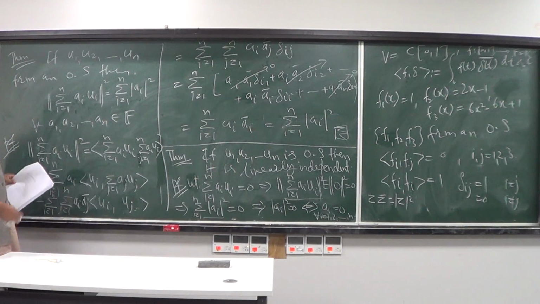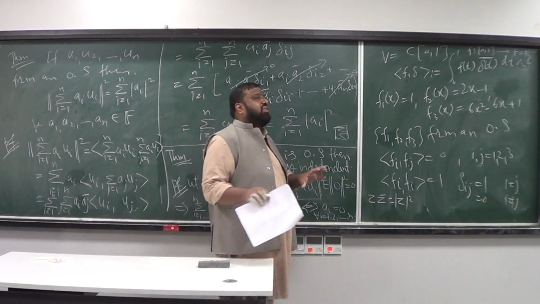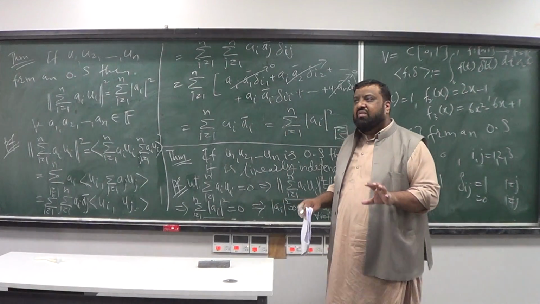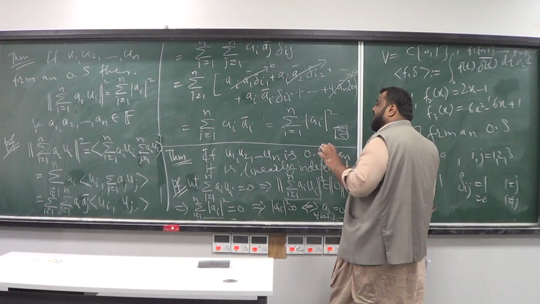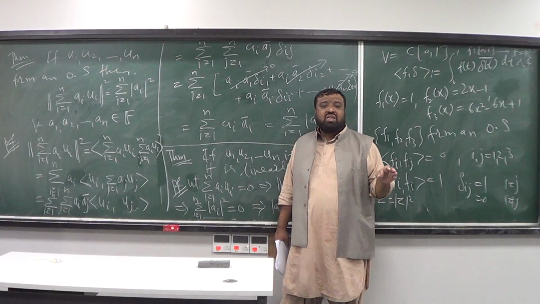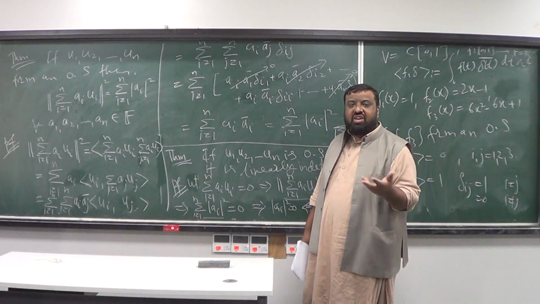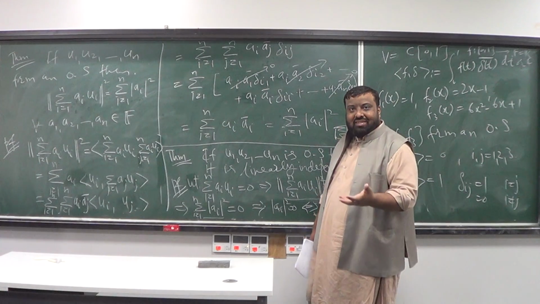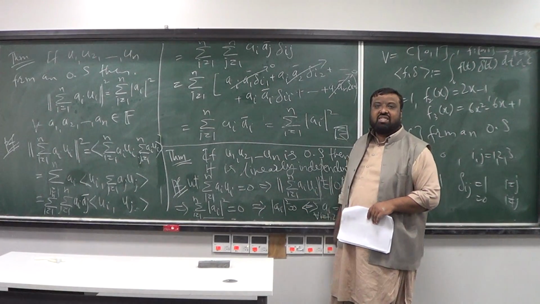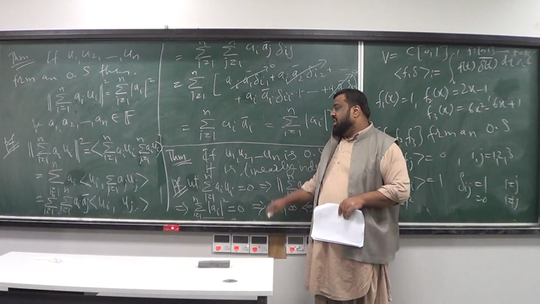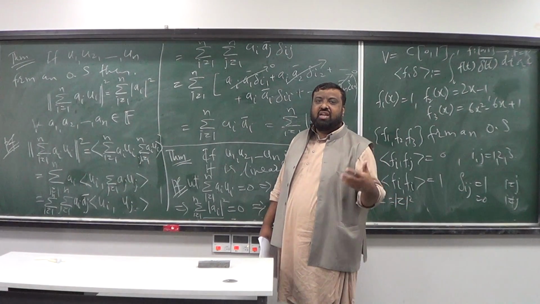Now imagine you have an n-dimensional vector space, and in that n-dimensional vector space, you have an orthonormal system that comprises n vectors. Since the orthonormal system is also going to be linearly independent, it is also going to be a basis of the n-dimensional vector space.